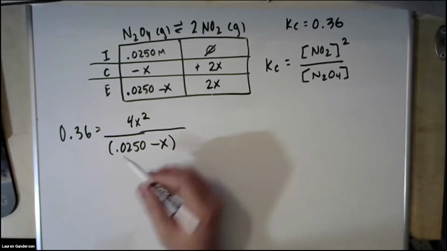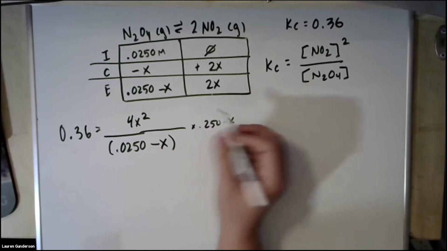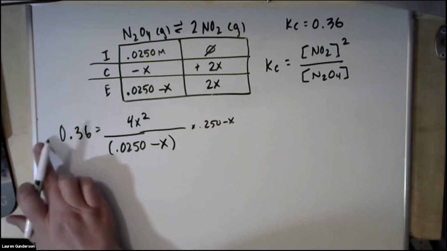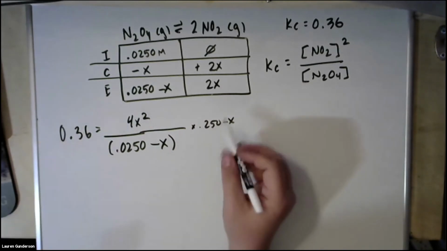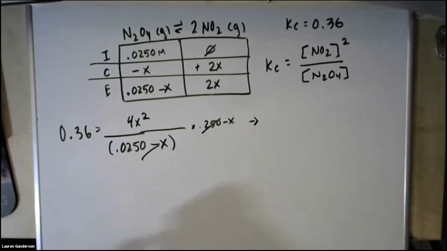All right, and I'm going to multiply both sides by 0.0250 minus x. I'm multiplying this side by it too, but I'm not going to write it down. So let's see what we get.